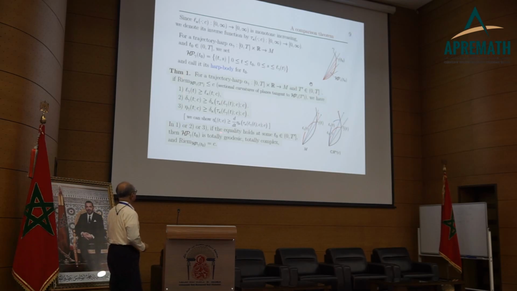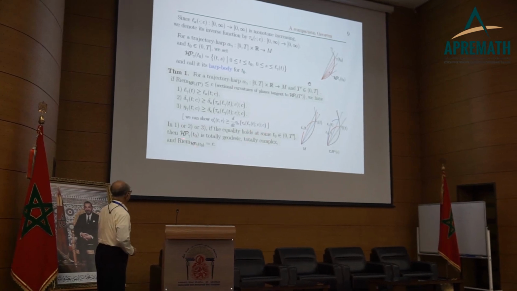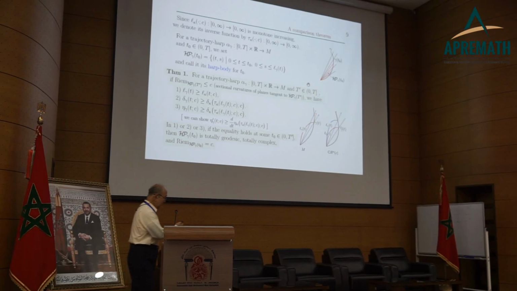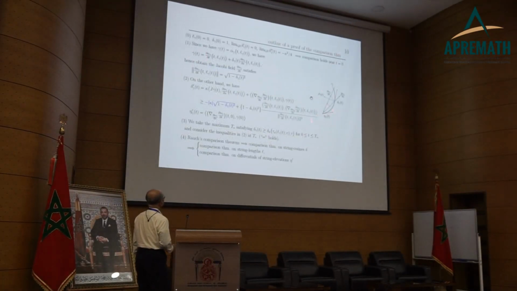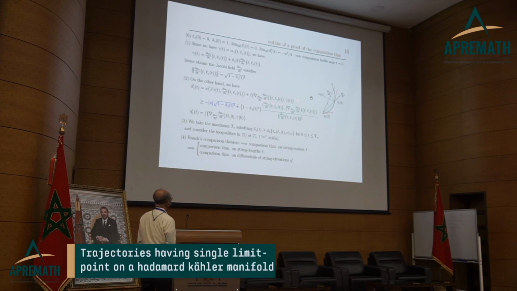In these cases, if the equality holds at some T naught, then the half body is totally geodesic, totally complex, and of constant sectional curvature. So I think the trajectory can be written like this by using the trajectory half. We can give a norm of the Jacobi field like this by using the string cosine, and the differential of the string cosine can be expressed like this.